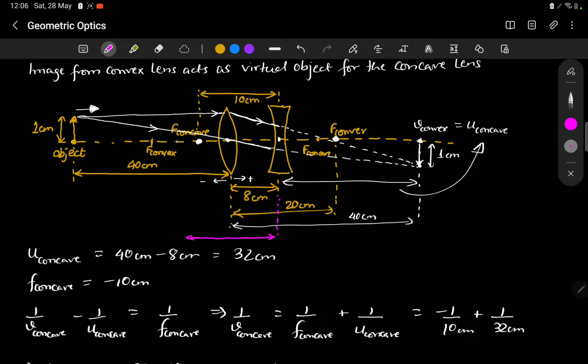So image is formed somewhere over here. This distance is approximately equal to 14.5 centimeters.